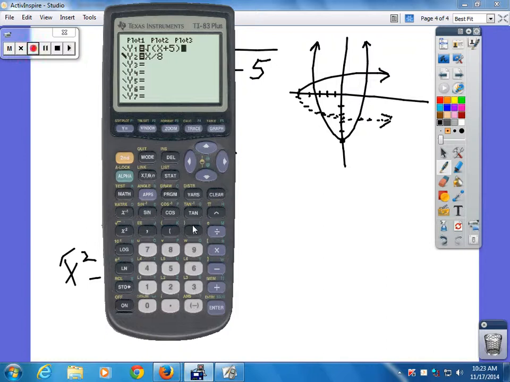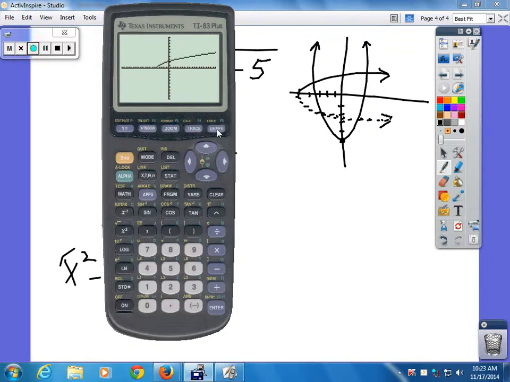And then do the bottom one. What is it? X squared plus what? Now let's go back and take out this one. There's your square root.